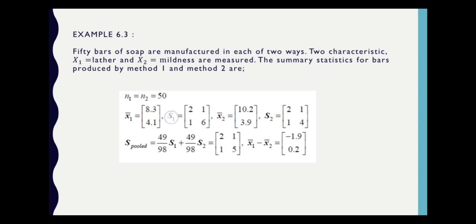So here S1 and S2 are the variance covariance for the first population and the variance covariance for the second population.